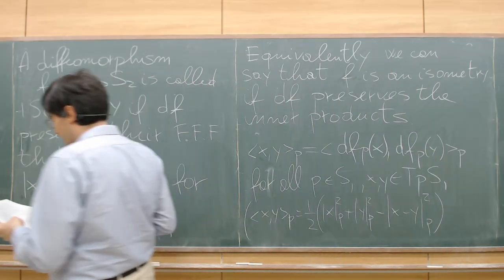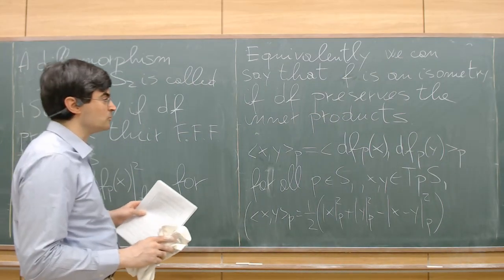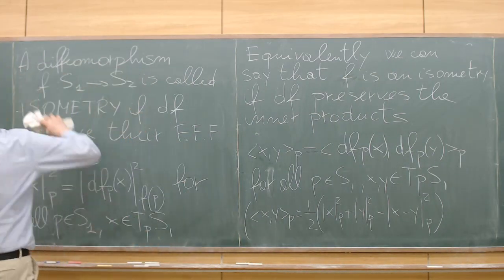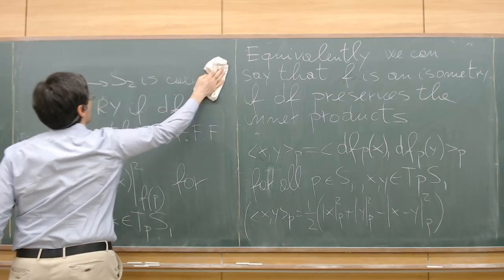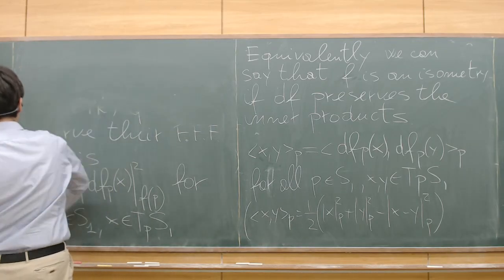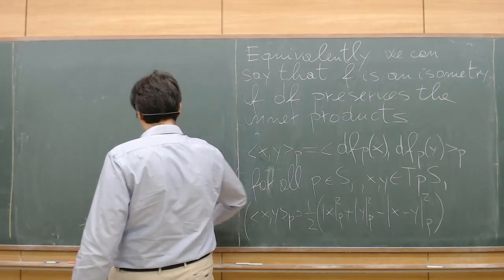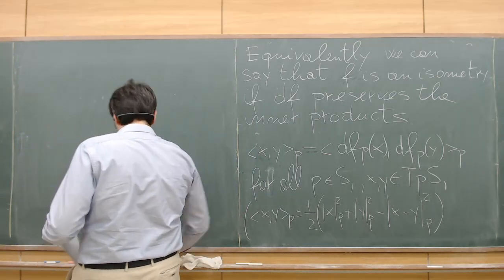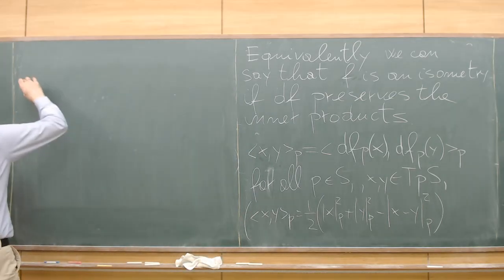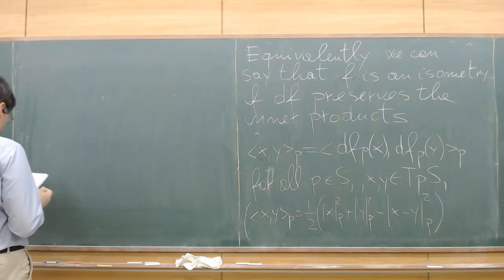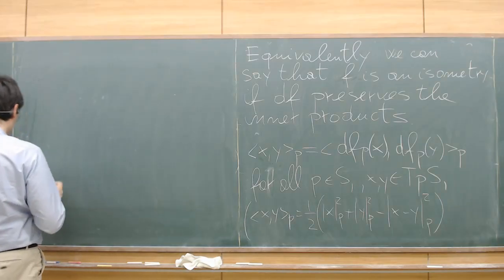Okay, the next definition, which is related to this one, is the definition of isometric surfaces.